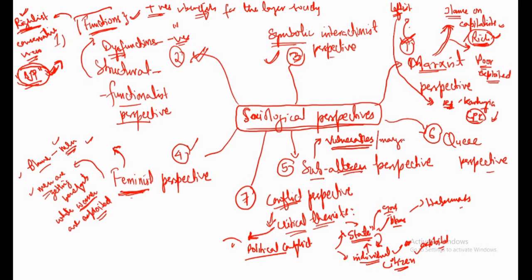marginal sections, say agriculture laborers, transgenders, extremely poor people, the slum dwellers, elderly people, the physically disabled people.